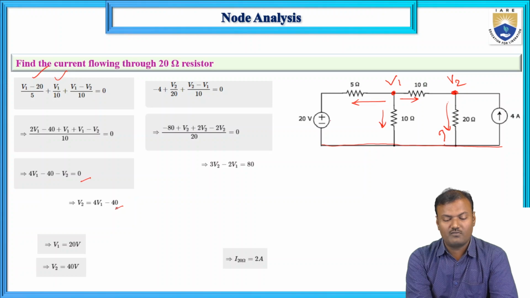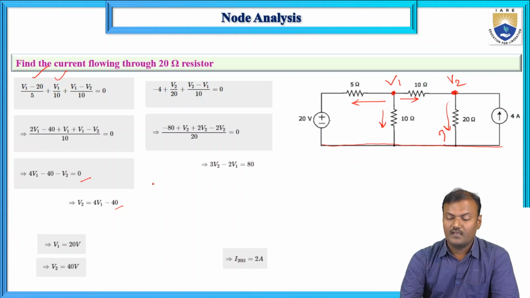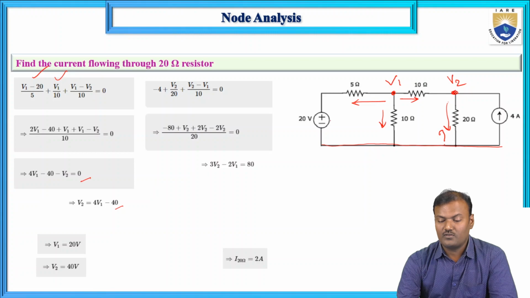V2 is equal to 4V1 minus 40, and at the second node Kirchhoff's current law is applied. Current is flowing 4 amps into this node, but we are assuming the direction of currents as leaving from this node. One current is leaving in this way, and another current, and another current.